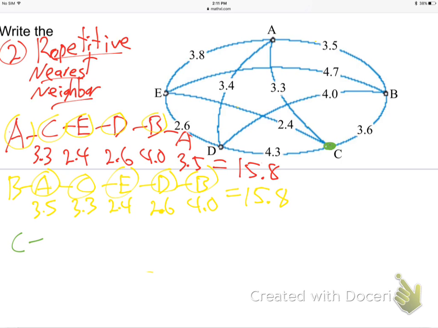You could go 4.3, 2.4, 3.3, or 3.6. Remember, it's not nearest like closest, it's the lowest number. So it's the 2.4 road, huh? To E. Does everybody see that? It's 2.4 to E. And then from there, what's the lowest number?